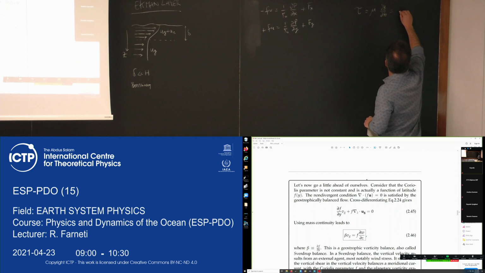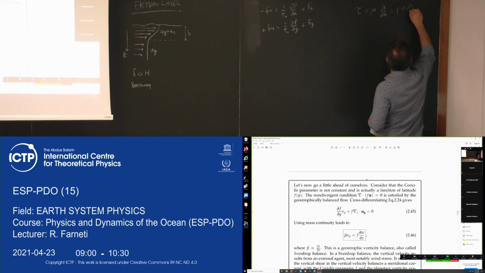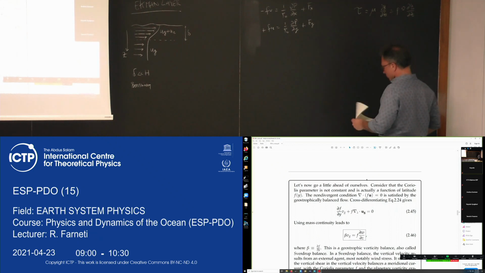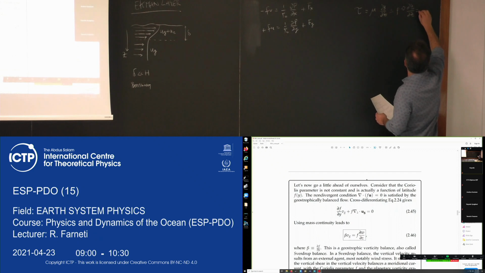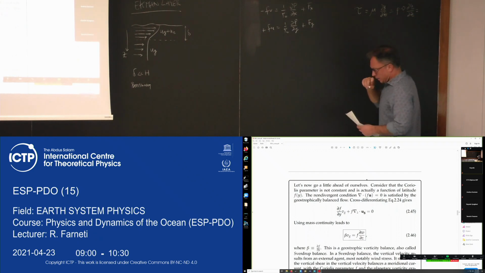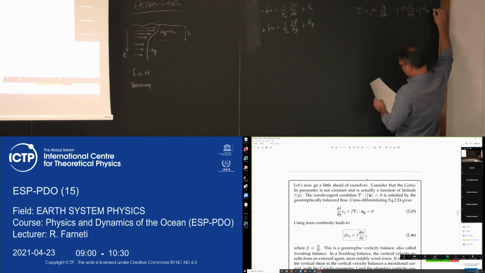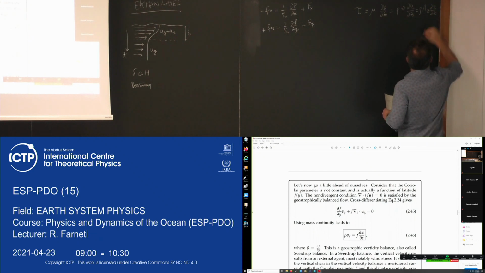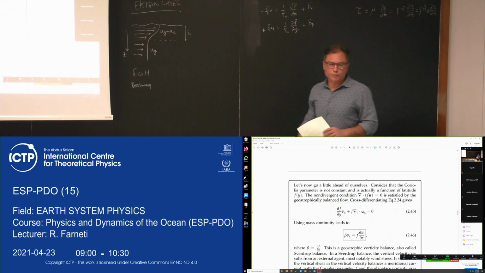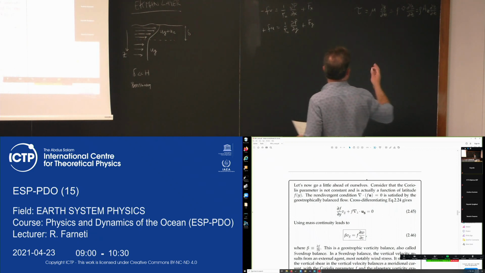So you can write this as rho nu. Okay. And in the case of the ocean, this viscosity coefficient will be the eddy viscosity coefficient. Then you can write as this. Okay, the vertical eddy viscosity coefficient, which is roughly 10 to the minus 1 or something like that.